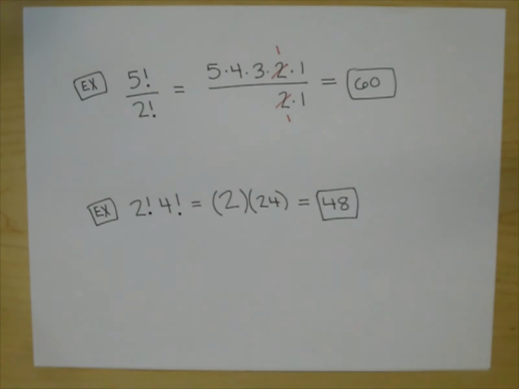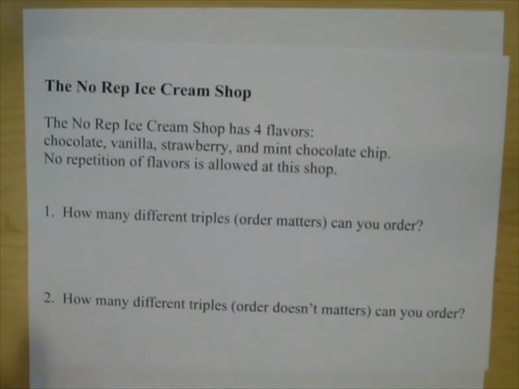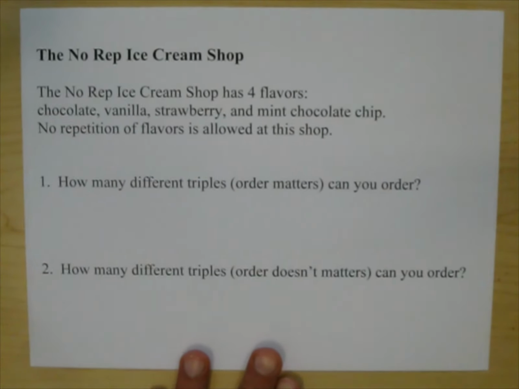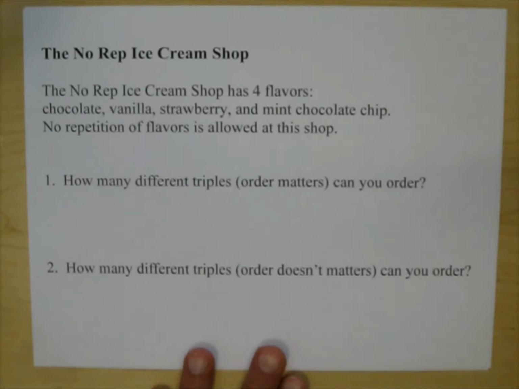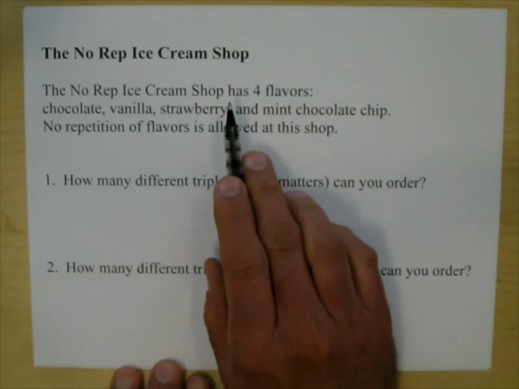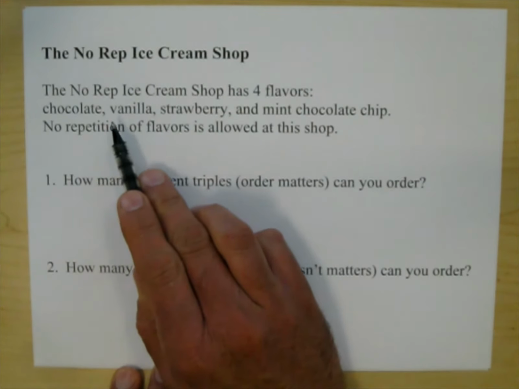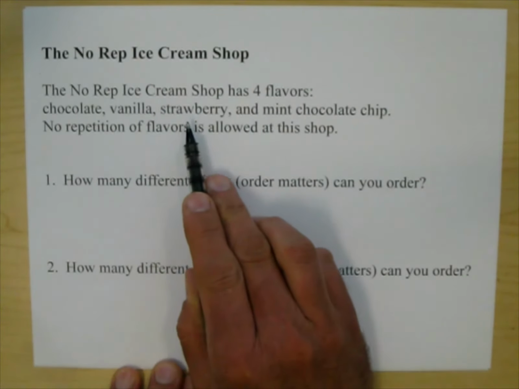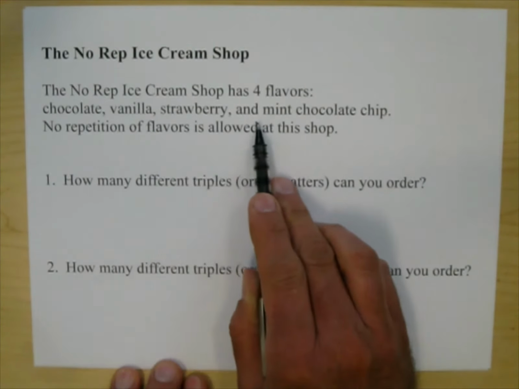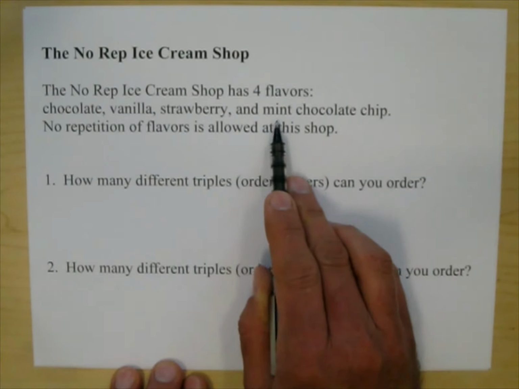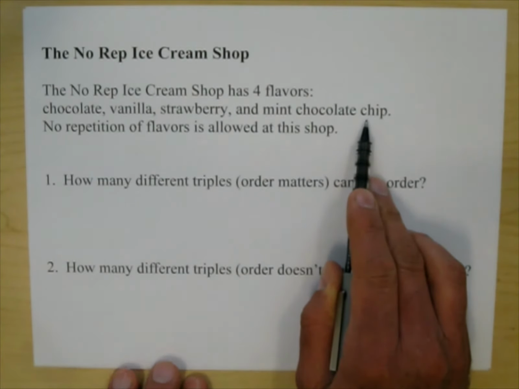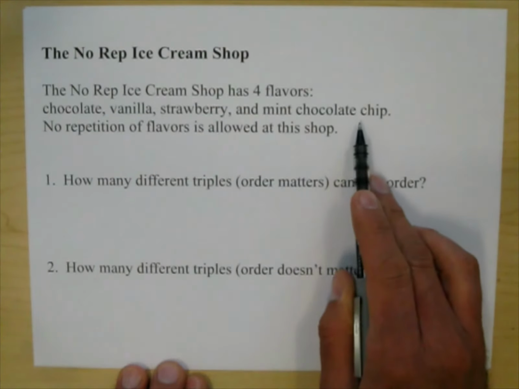So now it is time to talk about ice cream. The No Rep Ice Cream Shop. They have 4 flavors: chocolate, vanilla, strawberry, and mint chocolate chip. Okay, so they only have 4 flavors.